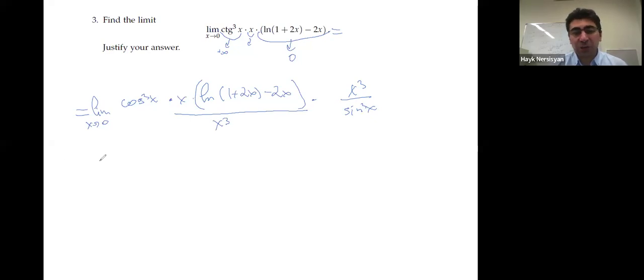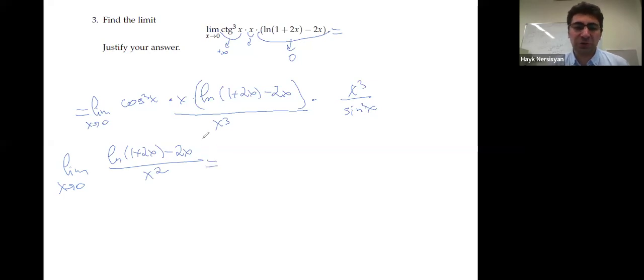Now, to do the calculation, I would suggest to focus only on the following part. Logarithm(1 plus 2x) minus 2x divided by x squared. If we find the limit, then we can complete the puzzle by putting all values together. Okay, how can we find this limit?